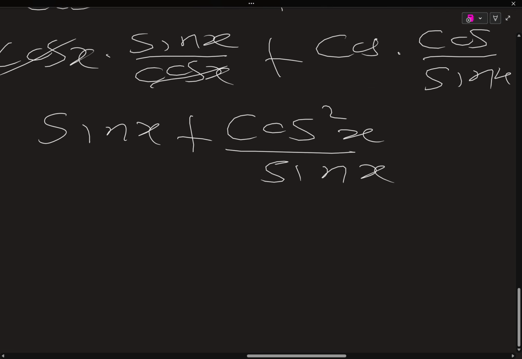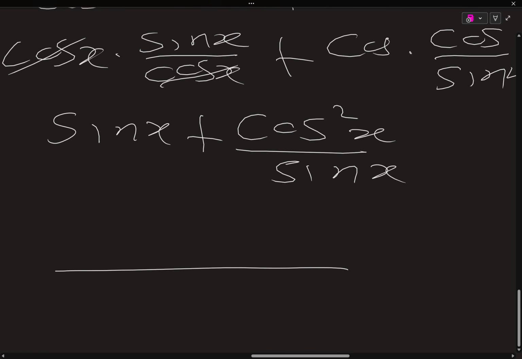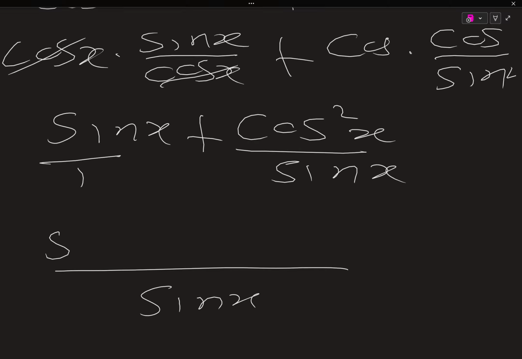Let us try to simplify this. I'll make sine my denominator here, so it's simply sine x. 1 into sine is simply sine. Sine multiplied by sine is simply sine squared x, right? Sine into sine is 1. 1 multiplied by cos is simply cos squared x.